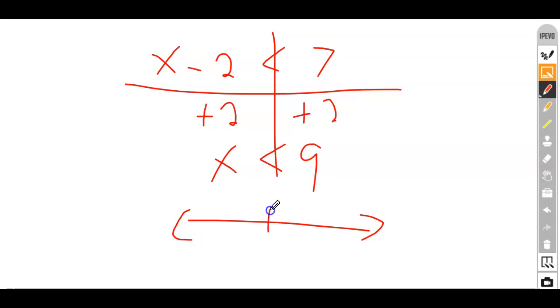So then I graph it. Open or closed circle? Open. Shaded what direction? To the left, because we read that as x is less than 9. Alrighty? So that's what we did yesterday with topic 5.4, which was one-step adding and subtracting.